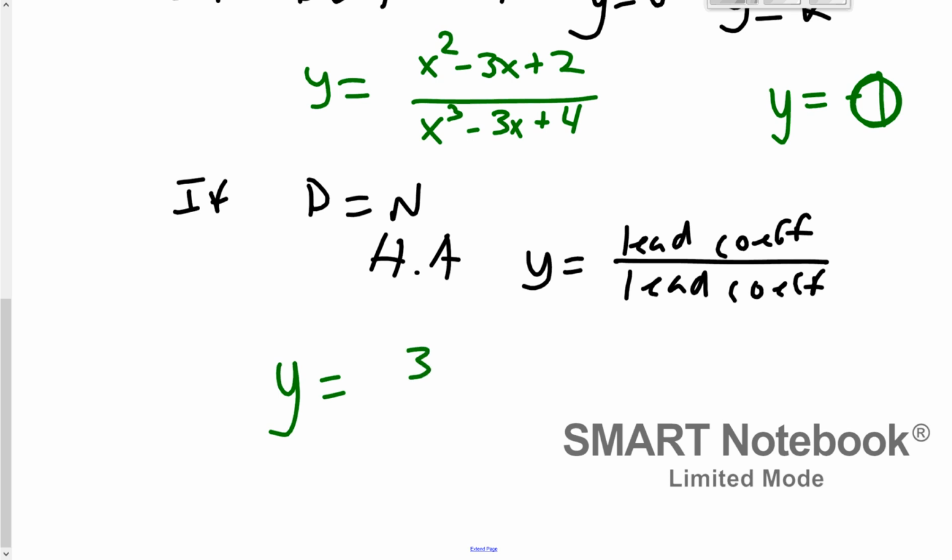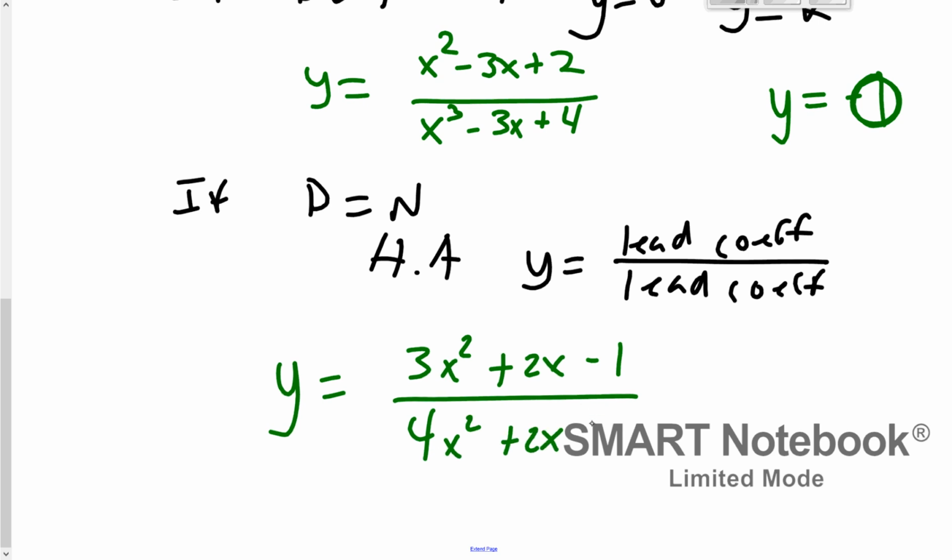Y equals 3x squared plus 2x minus 1 over 4x squared plus 2x plus 7. The degree of the denominator is the same as that of the numerator, so the horizontal asymptote will be y equals 3 over 4.